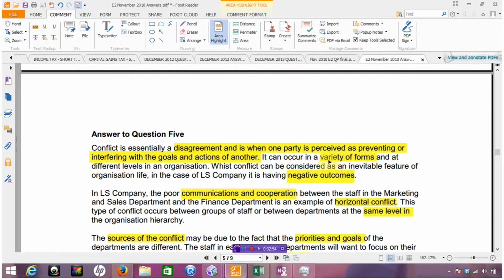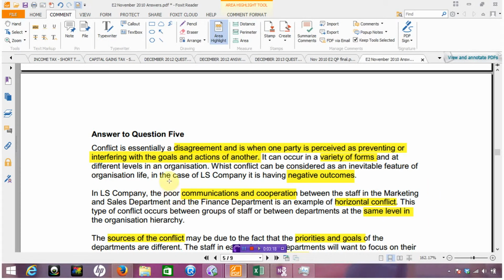Interesting that they say that obviously it can take on a variety of forms, and perhaps more often than not it's associated with negative outcomes. But something that we could have mentioned here is that conflict can be constructive as well as destructive. So perhaps we could have added that in this first paragraph. It doesn't always have to be negative. It is in this particular case.